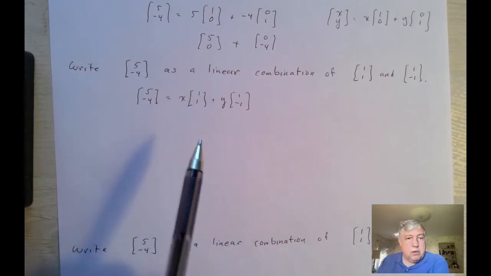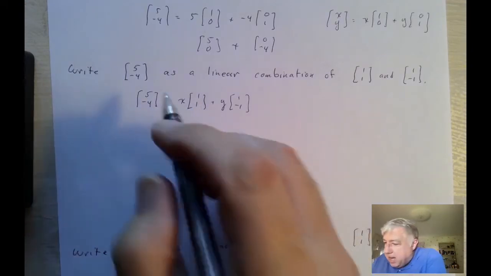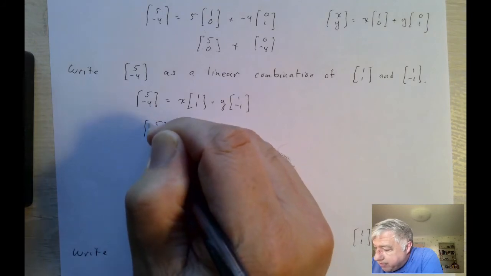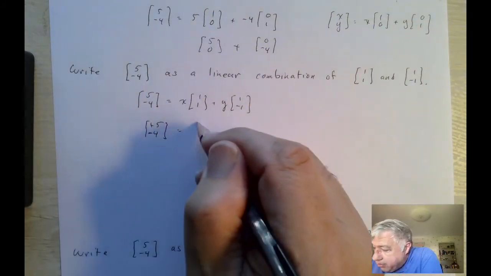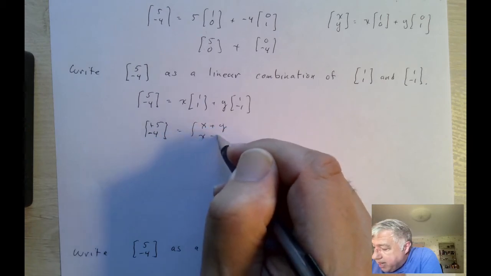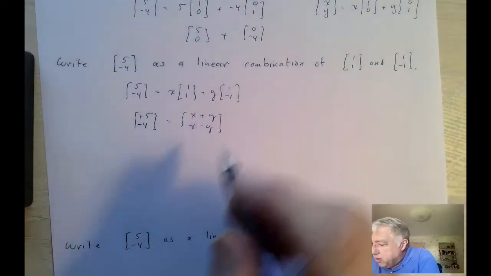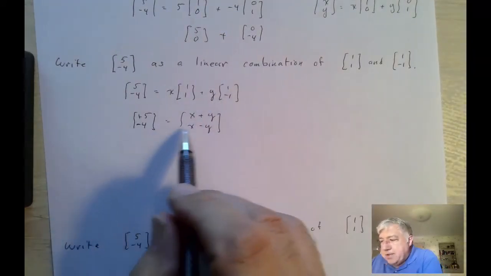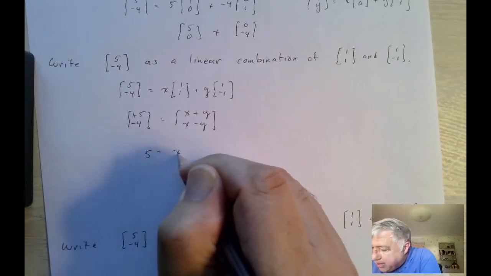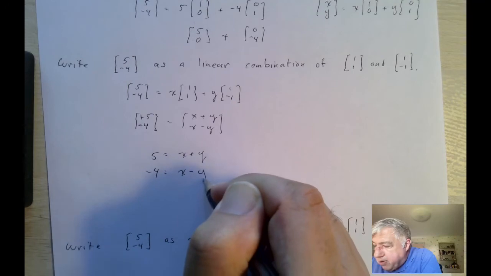So if we expand this out, this is going to be 5, negative 4 equals x plus y, x minus y. Then if these vectors are equal, that means that 5 has to be equal to x plus y, and negative 4 has to be equal to x minus y.